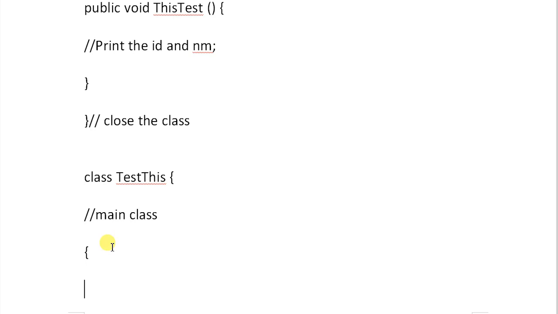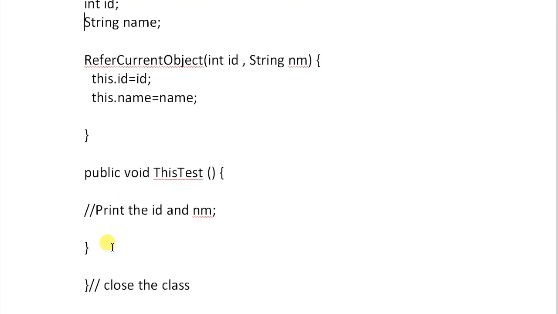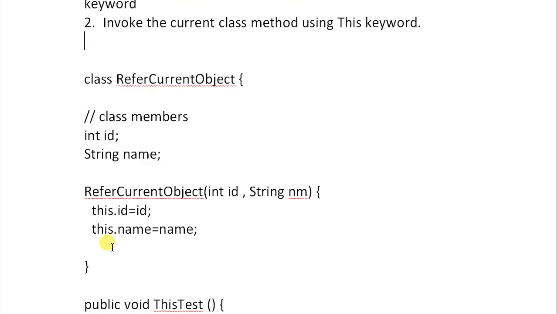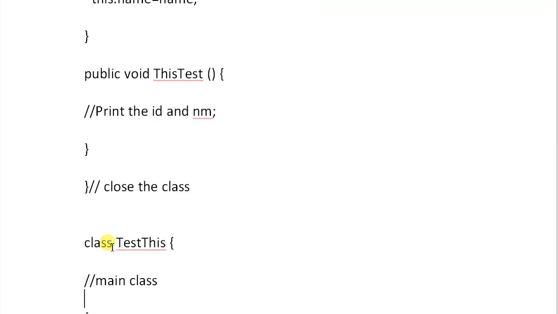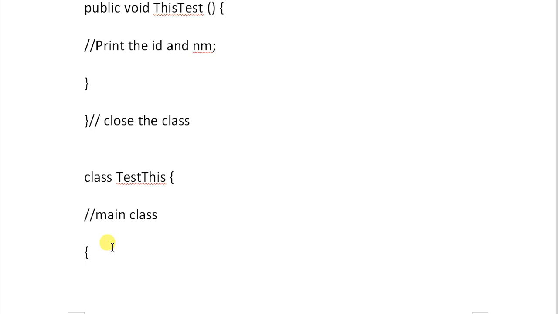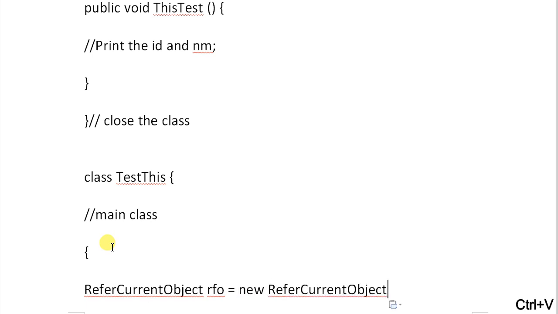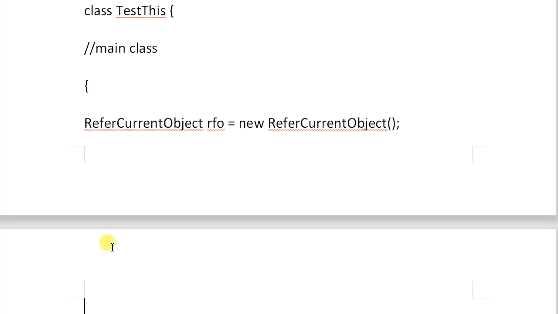So how can we call the method? We need to create the object for that class. So what is the class name? Refer current object. So let me use over here refer current object RFO equal to new, this one. It is done now.